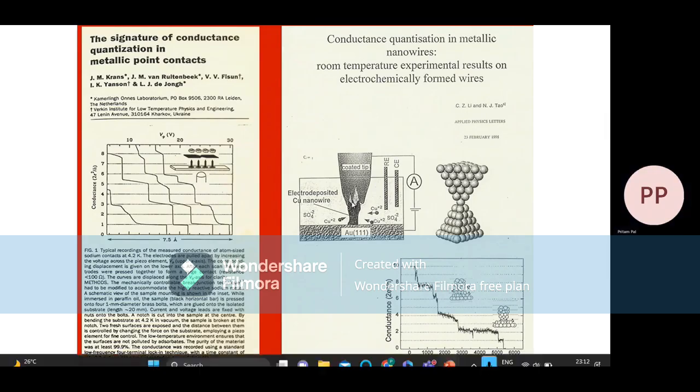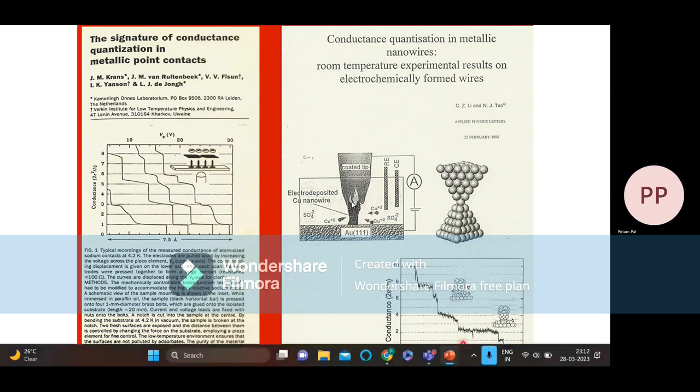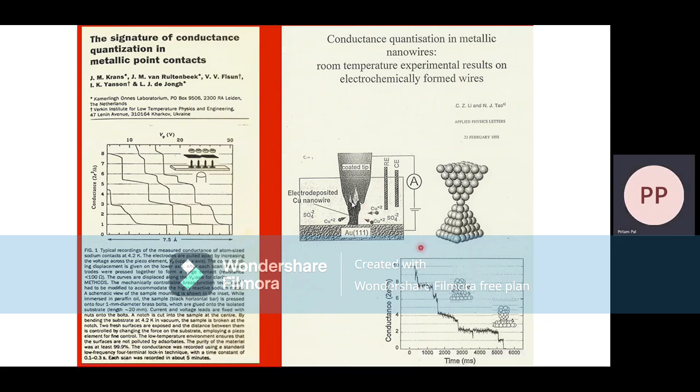Now, the conductance quantization has not only been observed in two-dimensional electron gas and semiconductors, it has also been observed in metals, but in metals the energy and correspondingly the length scale for observing this quantization are very different.